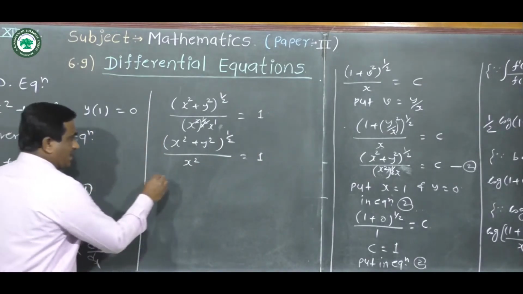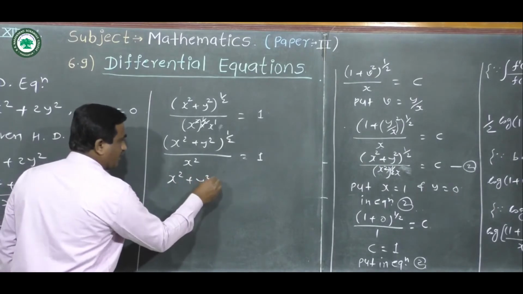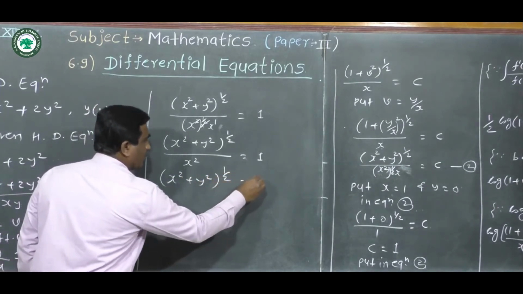That is, we can write here (x square plus y square) raised to 1 by 2 is equal to x square.